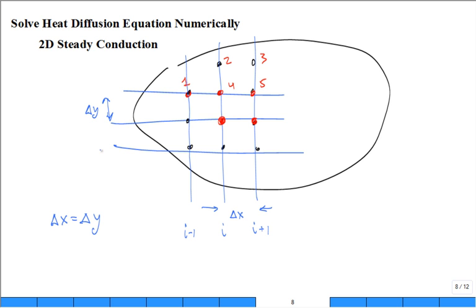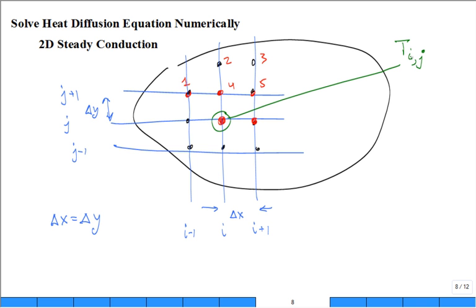And maybe this will be the j minus 1 and the j plus 1 index. Then I would refer to the temperature at this location as the temperature at location i for the x location, comma, j for the y location.